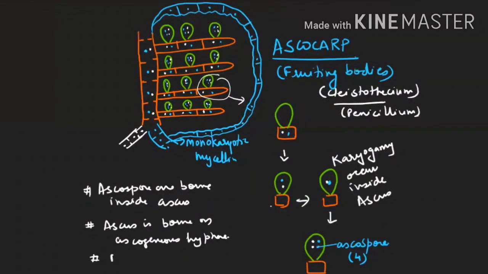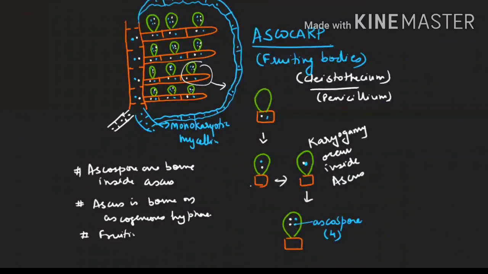Fruiting body is known as ascocarp. I hope this topic will help you to understand where we have to use the word ascocarp and where we have to use the word ascus.